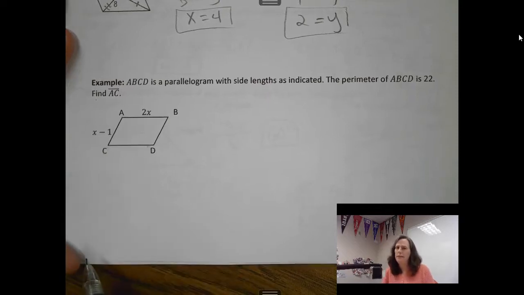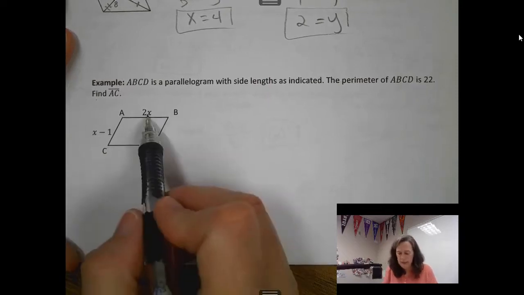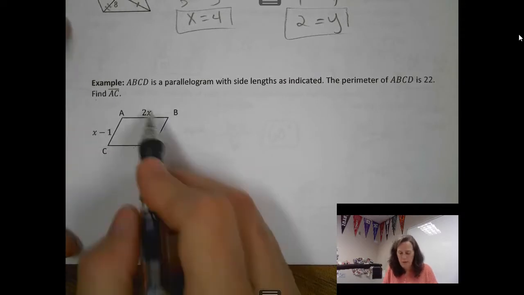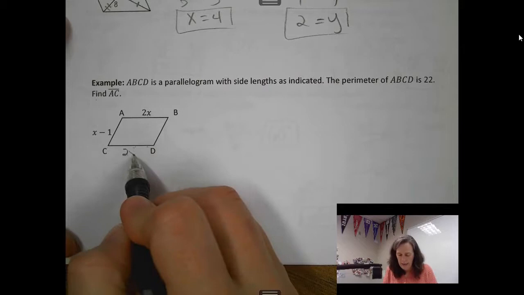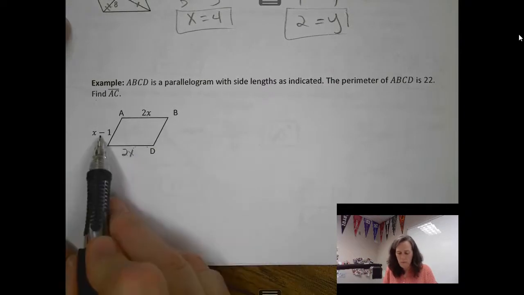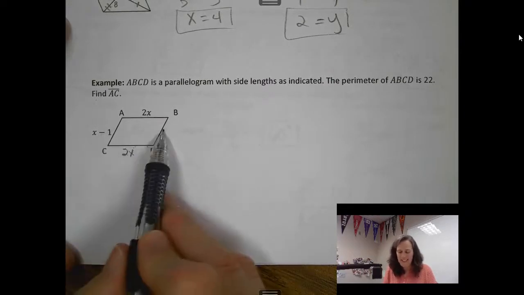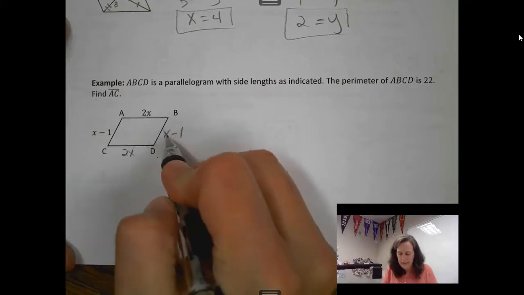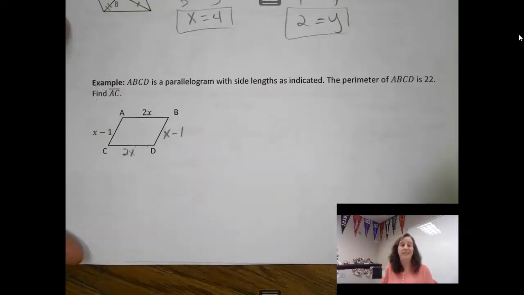Okay, well, what do we know? We know this side is congruent to this side, but they didn't give us a measurement. So we know those are both 2x. We know these sides are congruent, but they didn't give us a measurement over here either. So on every side, we have a representation, but not an actual number.